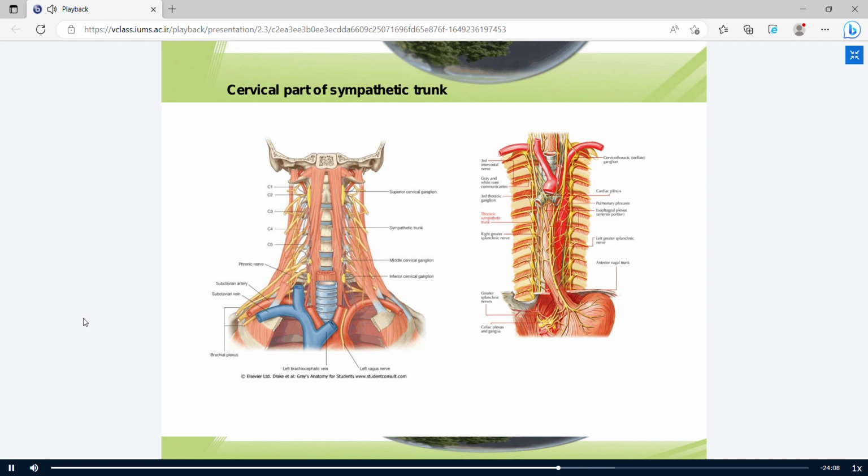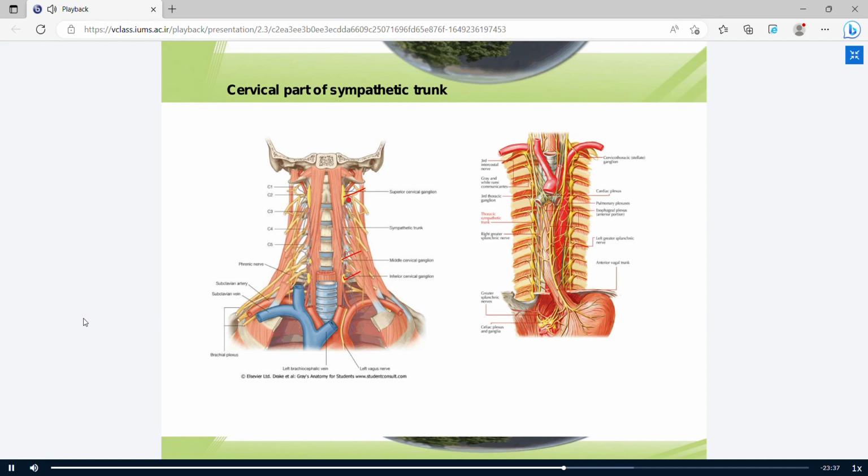There are sympathetic chains near the ribs and vertebrae in the thoracic and cervical parts. The sympathetic chain contains ganglia, and there are three ganglia in the neck: the superior cervical ganglion, the middle cervical ganglion, and the inferior cervical ganglion.